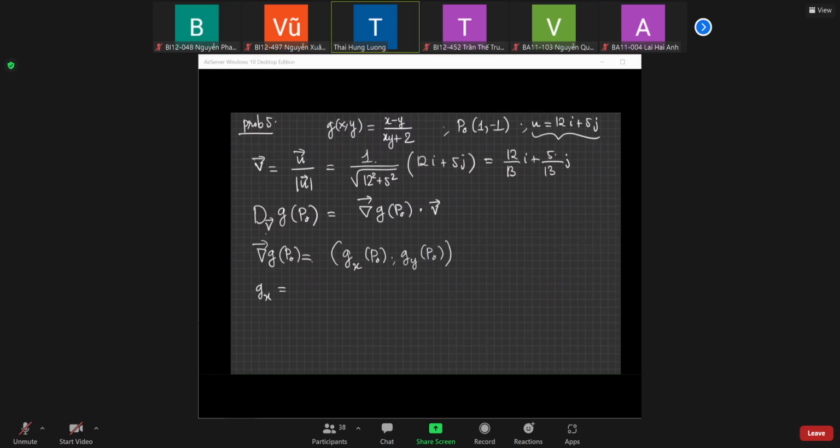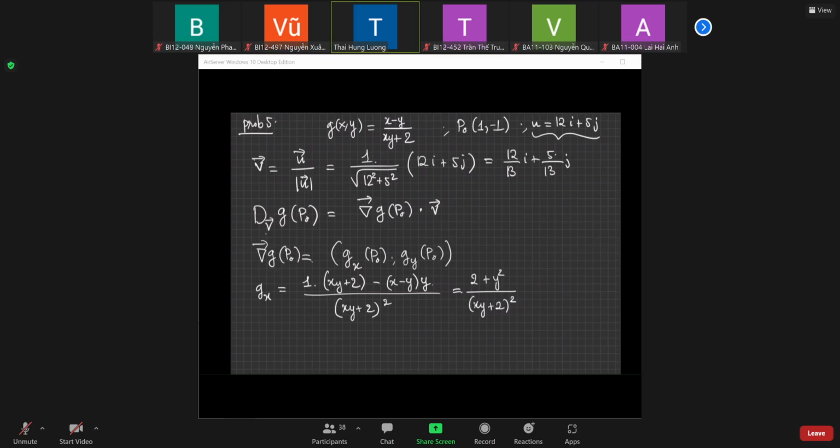I will do it step by step. The first is the derivative of the numerator. So it gives us (2 + y²) over (2xy + 2)².